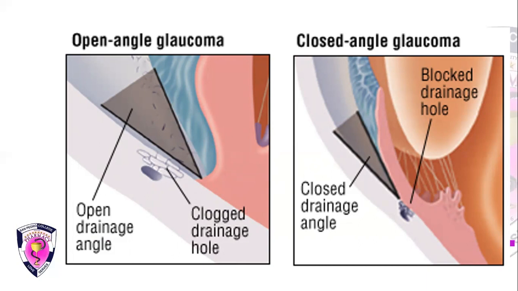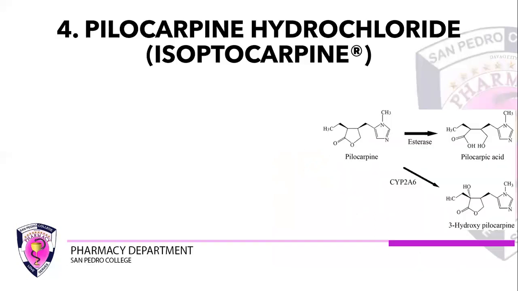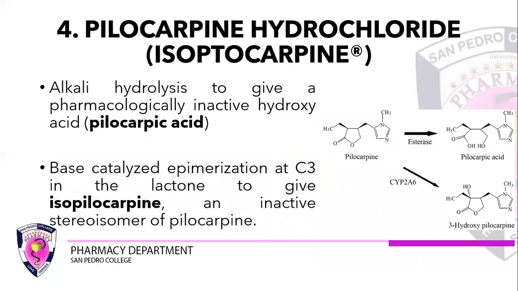With the help of your muscarinic agonists, which promote secretion from your glands, they can relieve the pressure that accumulates in your eyes. So muscarinic agonists are indicated for glaucoma. Okay, this one is additional information with pilocarpine.